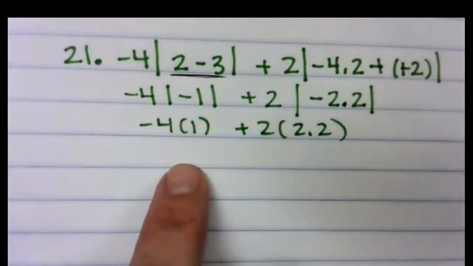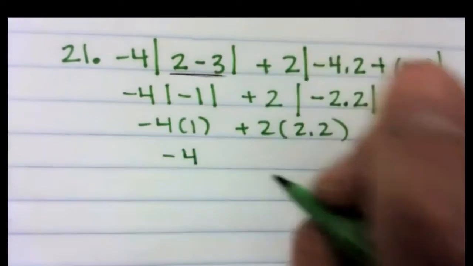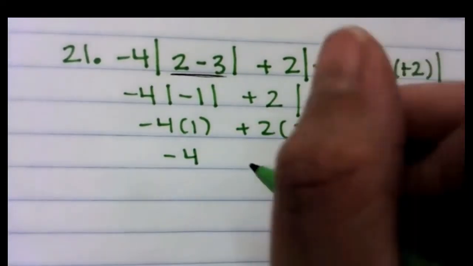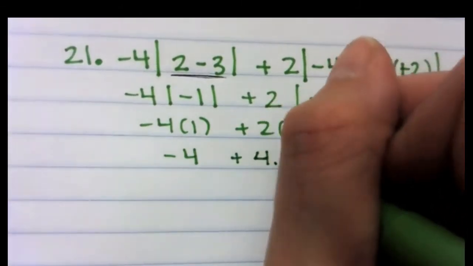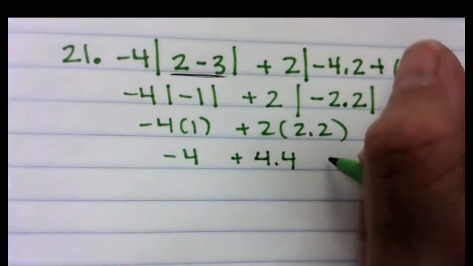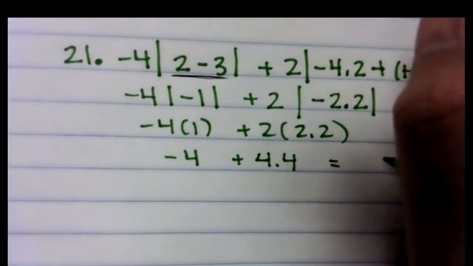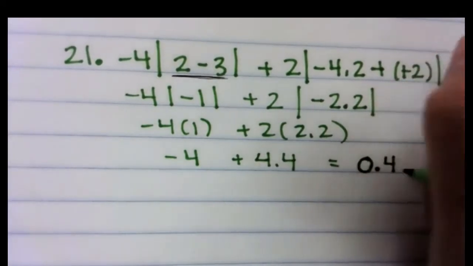Anything times 1 is itself. And 2 times 2.2 is 4.4. Very good, and 4.4 take away 4 is 0.4. Good, excellent.